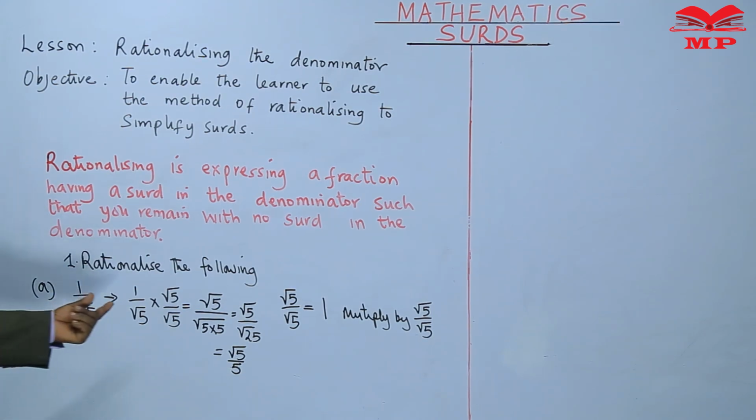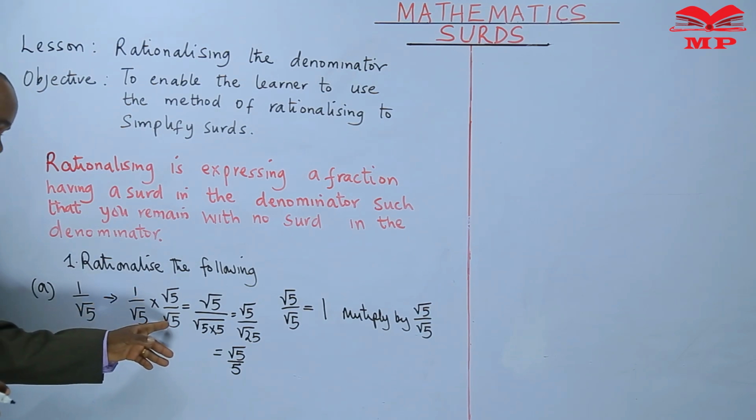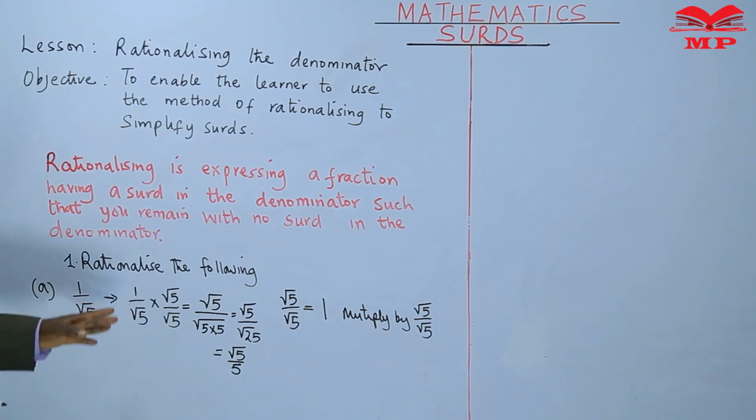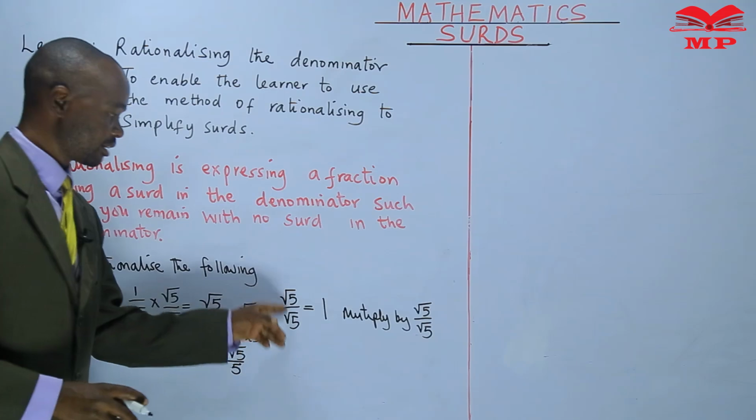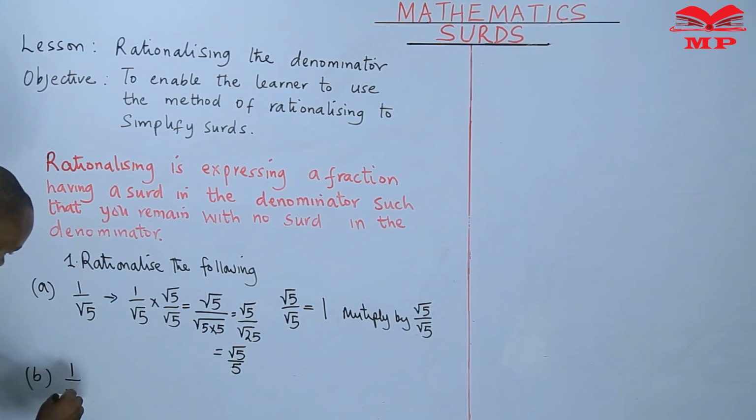I've simply multiplied the numerator by the numerator and the denominator by the denominator, so you multiply by square root of 5 over square root of 5. B, 1 over square root of 7.